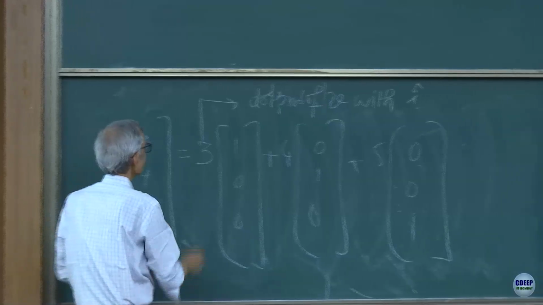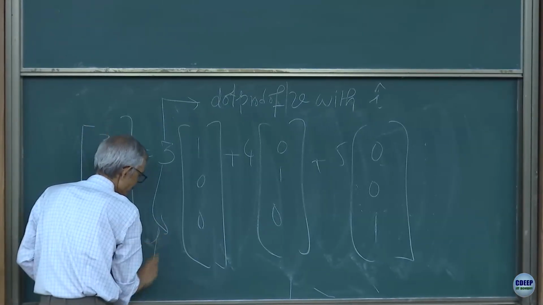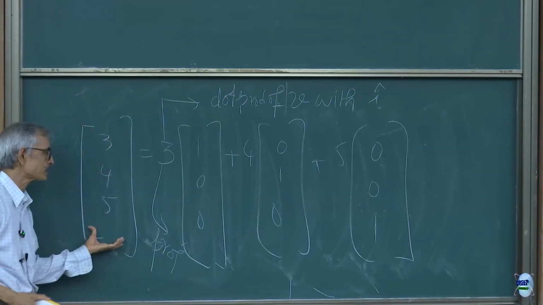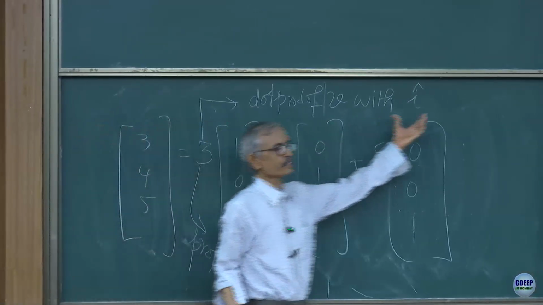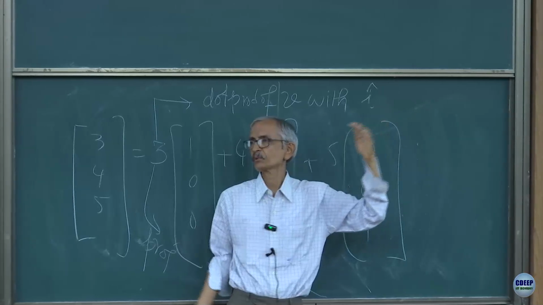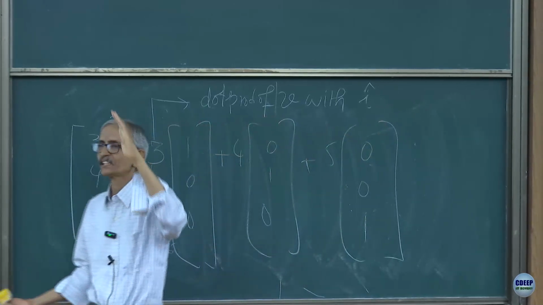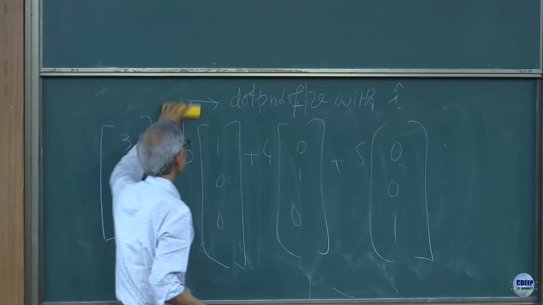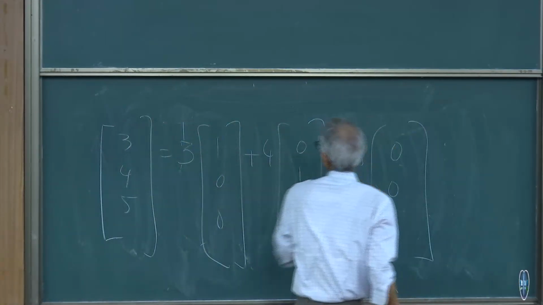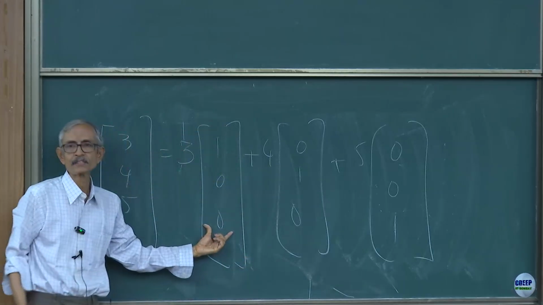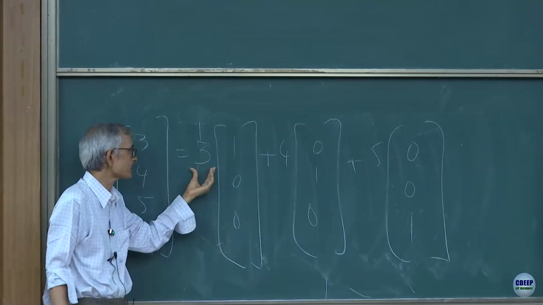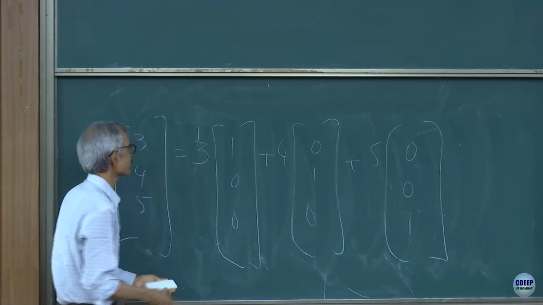So this is the projection of the original vector in this I direction. I project this original vector in the I direction. Similarly, and then what do I do? I project this vector in the I direction and multiply it with that same vector. Right? So this is the projection, this is the multiplication.